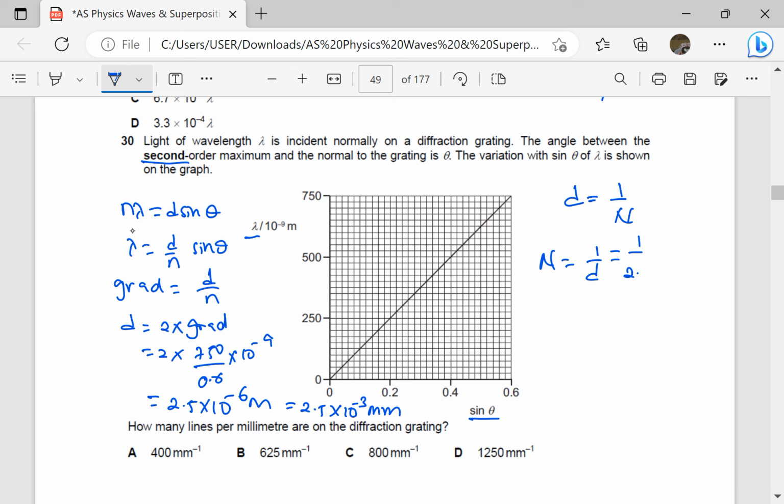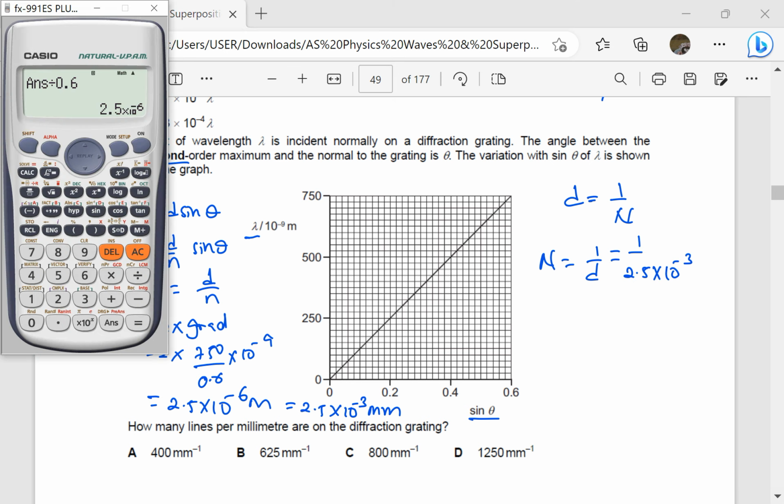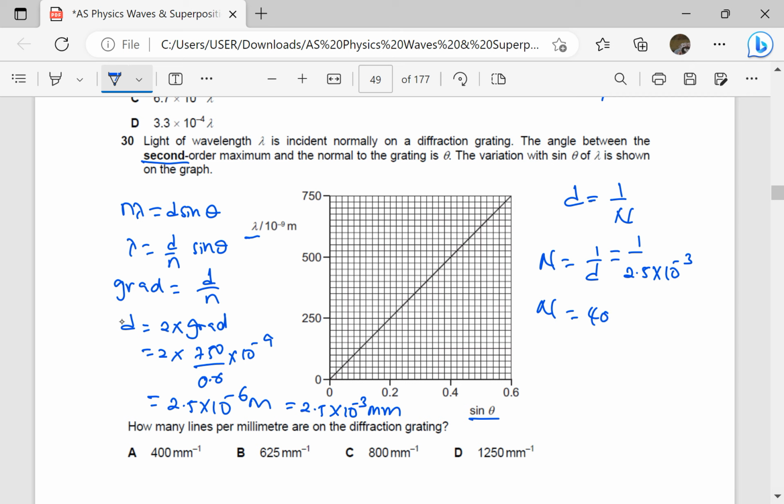So this will be 1 over 2.5 times 10 power negative 3, and that gives us 400. So n is equal to 400 per millimeter. So the answer is going to be A.